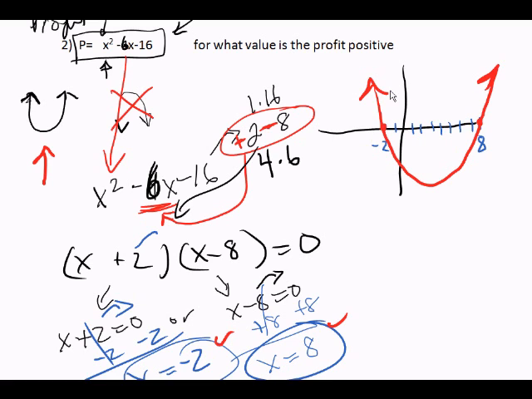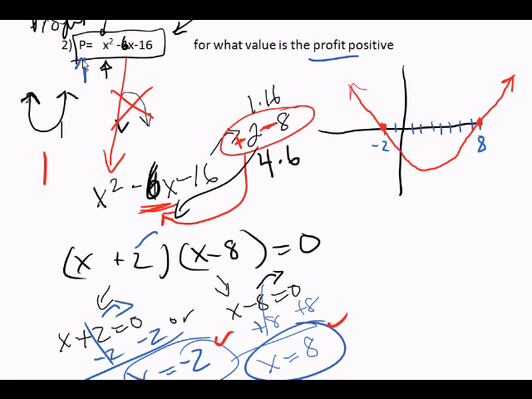It says, for what value is the profit positive? By the way, let me try to draw that a little bit better. It should look something more like this. There we go.